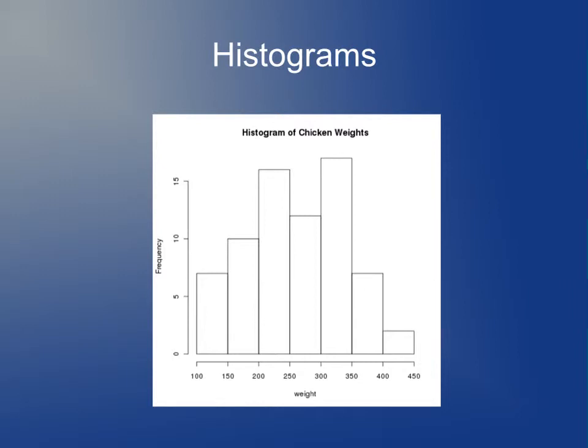And then you basically do a bar plot the way we described earlier, giving the count of the number of observations in each bin. So here it looks like there's about 7 observations in the bin from 100 to 150, 10 observations in the bin from 150 to 200, probably about 16 from 200 to 250, etc.